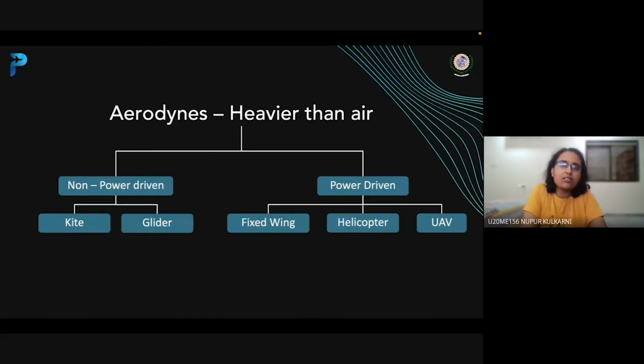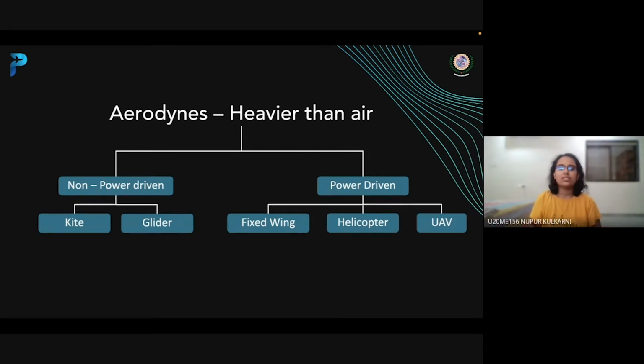Now, as our main domain of interest is the heavier-than-air type of aircraft, we'll see its further classification. These are classified based on power, like non-power driven and power driven. Kite, as we just saw, comes under the heavier-than-air non-power driven type.